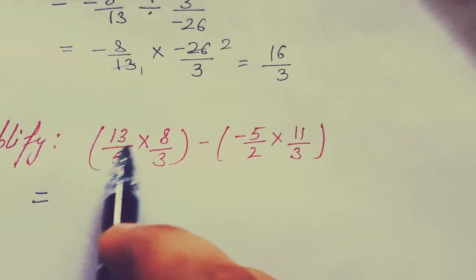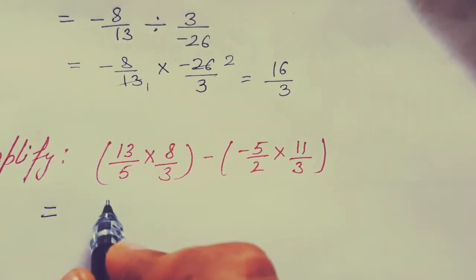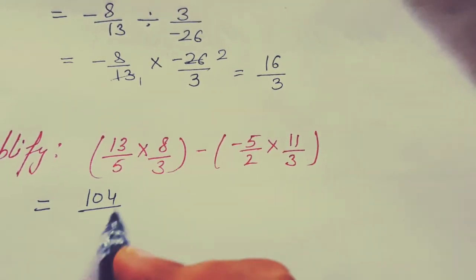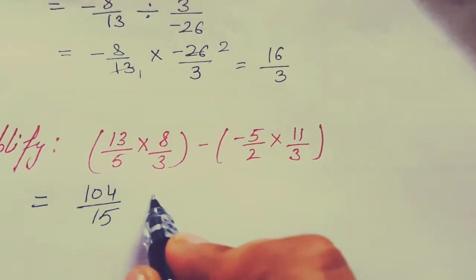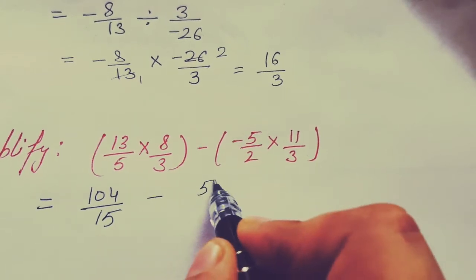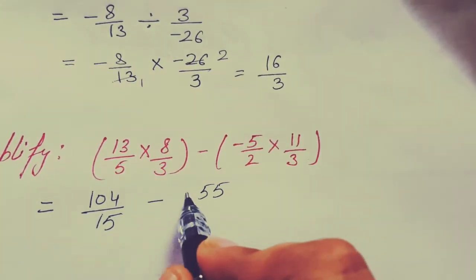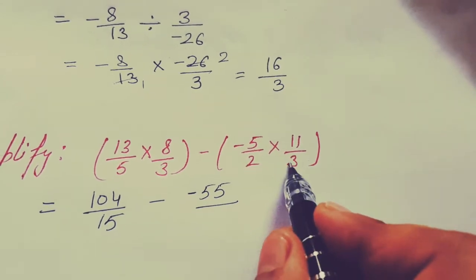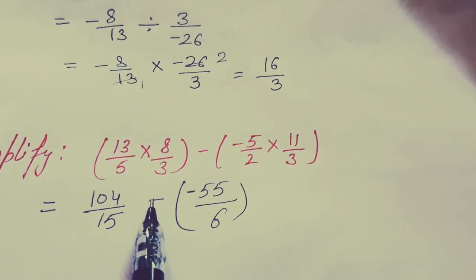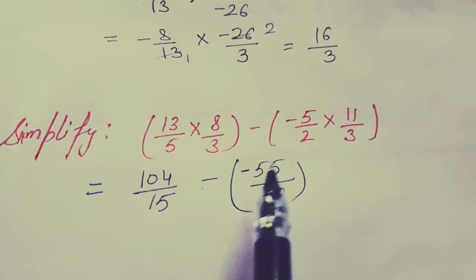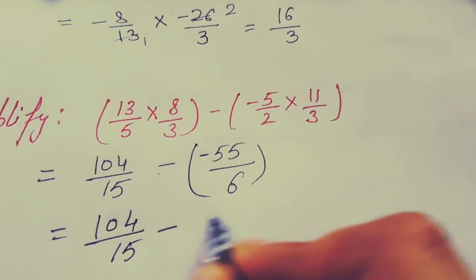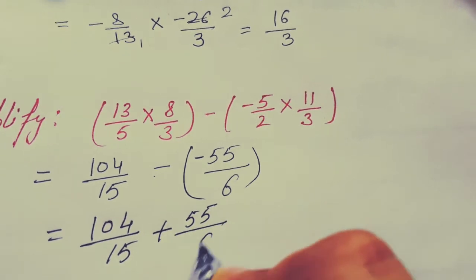So it comes out to be 13 eights are, we will multiply in the numerators, 104, by multiply the denominators, 5 threes are 15, minus 5 11s are 55, and the negative sign will remain as it is, divided by 2 threes are 6. Let us keep it in the bracket. Now we will open the bracket, then negative into negative it will become positive. So here it will become 104 by 15 as it is plus 55 by 6.